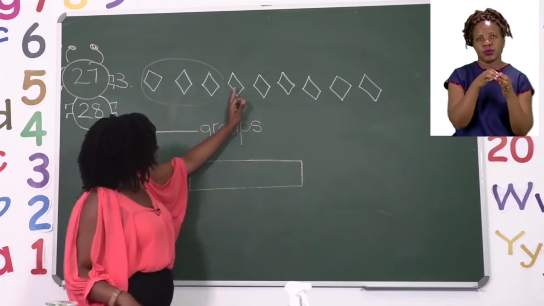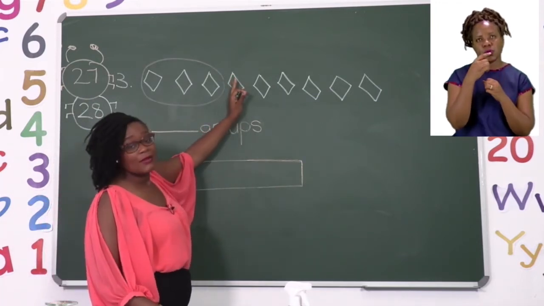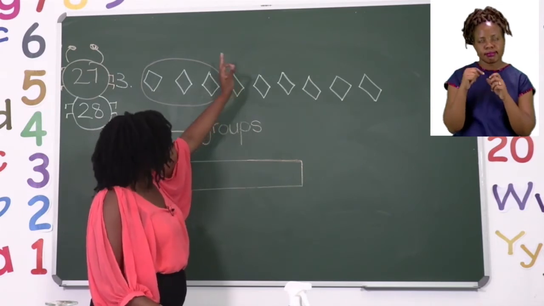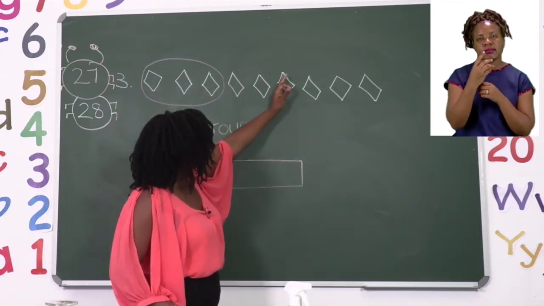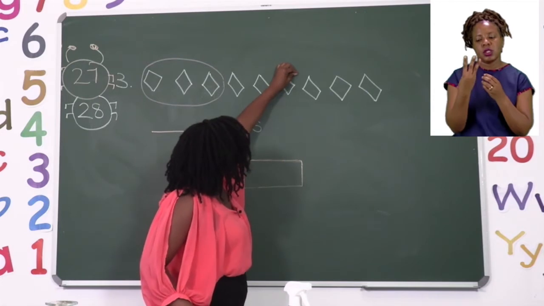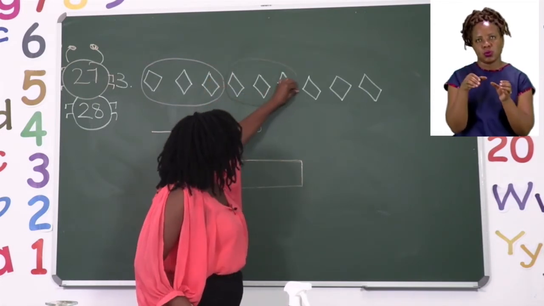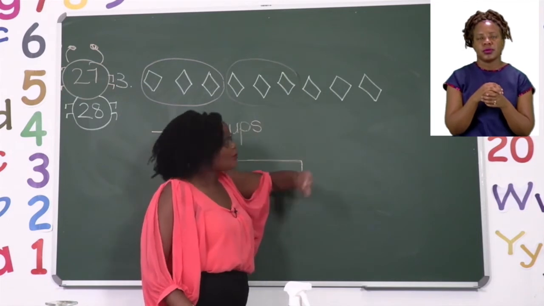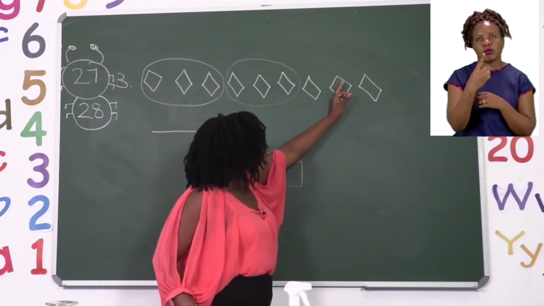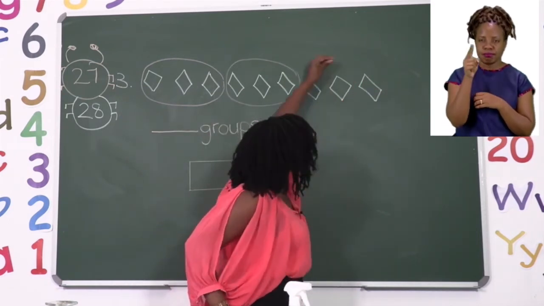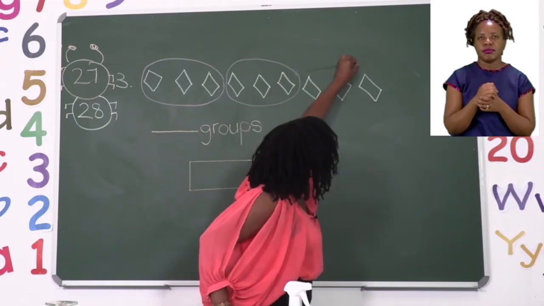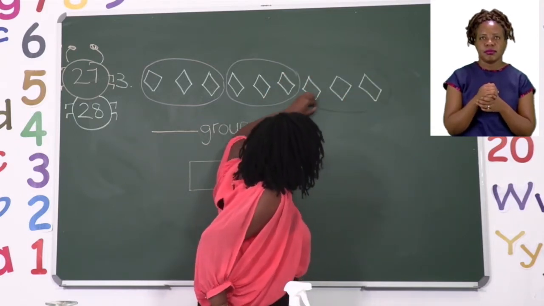Let's move on to the next ones. Remember, in groups of 3, so we count 1, 2, 3, and group them after the third one. Then the last one, we have 1, 2, 3, and we group them as well.